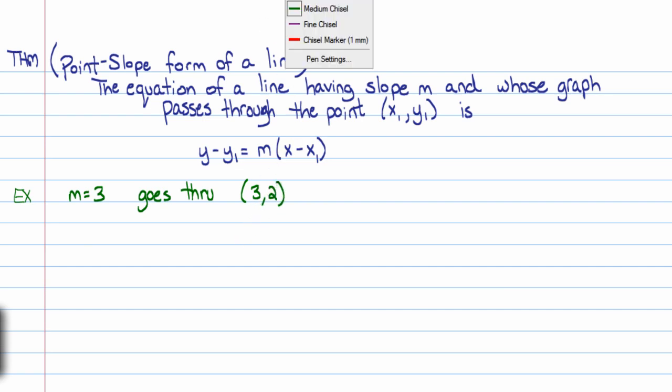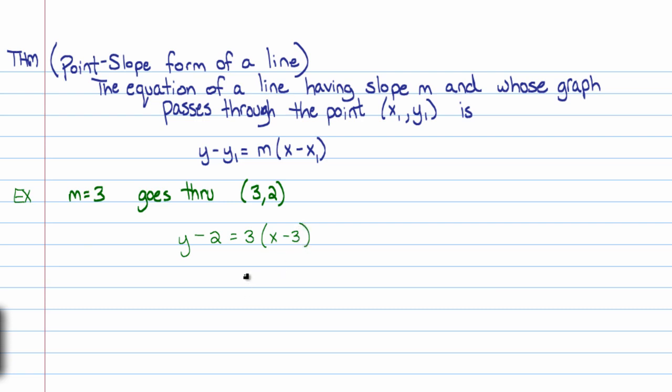Well, then the equation for this line in point slope form is y minus the y value, which is 2, is equal to the slope, which we said was 3, times x minus the x value of the point that it goes through, which is 3. That is the equation in point slope form. Of course, I could change this into slope-intercept form by first distributing this 3 across.